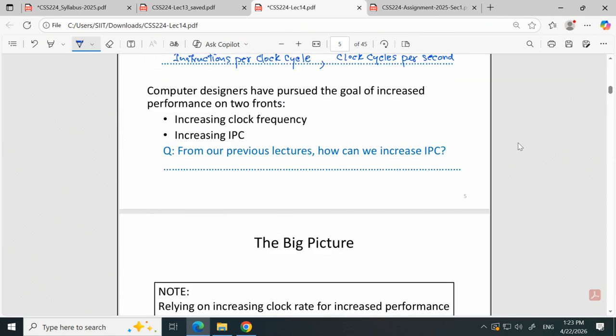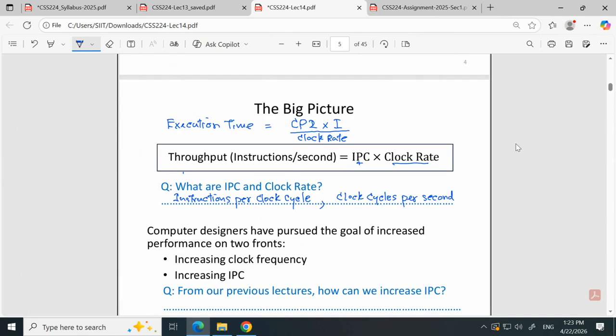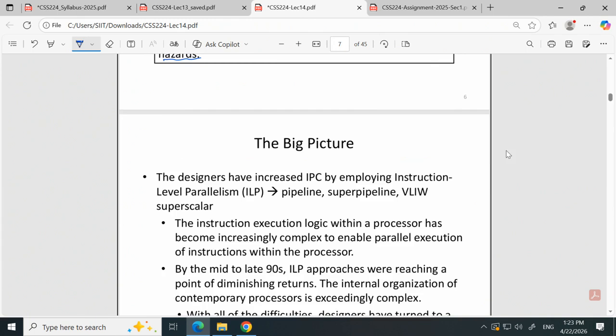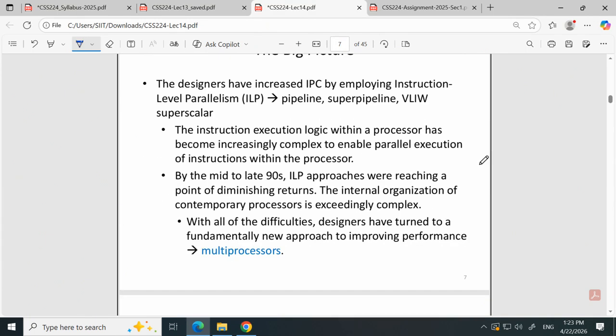So what I need to summarize is that increasing this guy or both, you have to face two truths: power consumption and pipeline hazards. So what else can we do in order to increase the computer throughput?